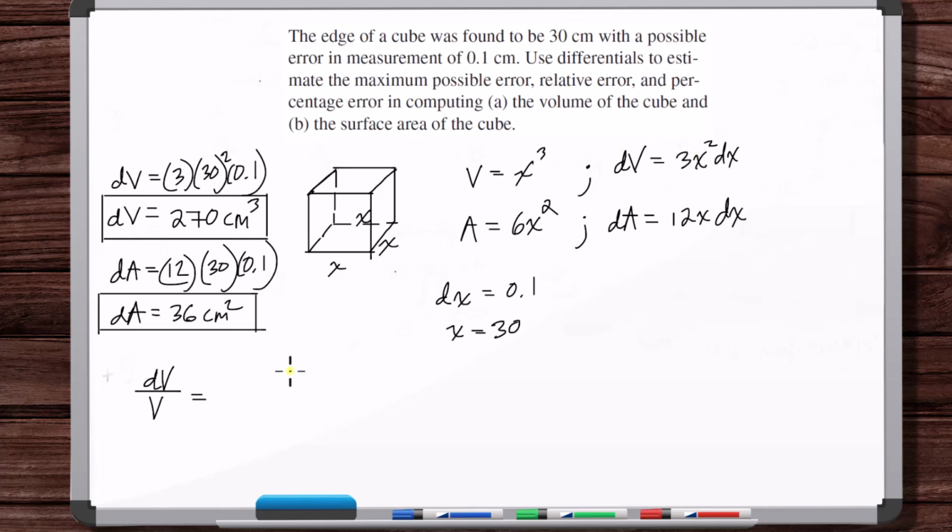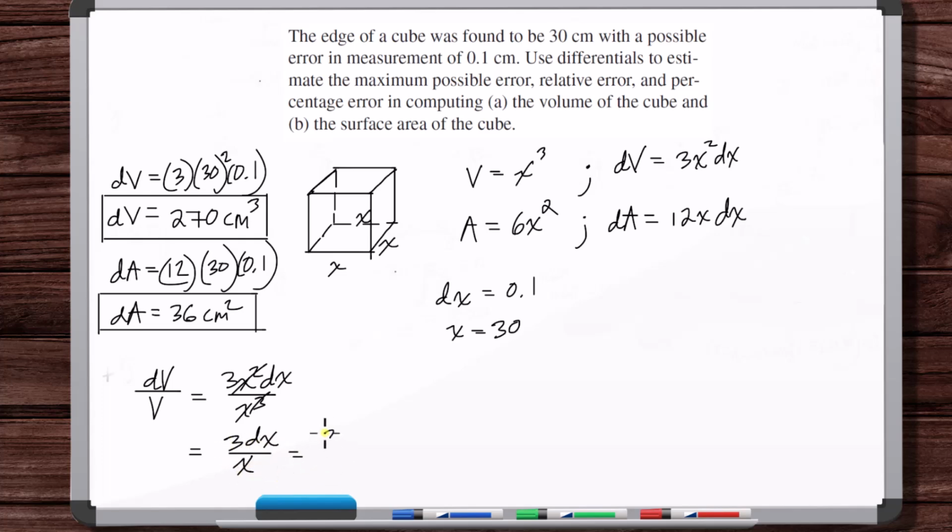Let's plug this in as a formula. 3x squared dx over x cubed gives us 3dx over x.